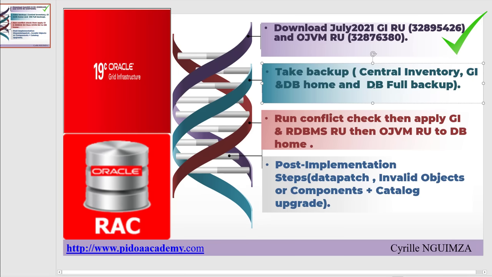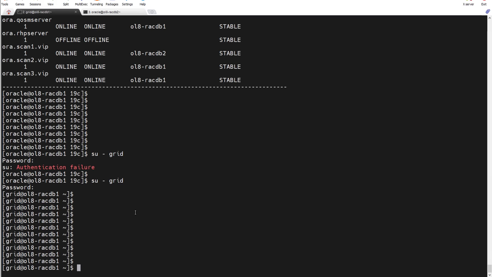If you have a production environment, you will request the backup team to take the full backup of the database, or you can also take a VM snapshot if you are running on a virtual machine. For the grid infrastructure home and DB home, you can take a local tar backup directly on the server. I will show you here how to do it.